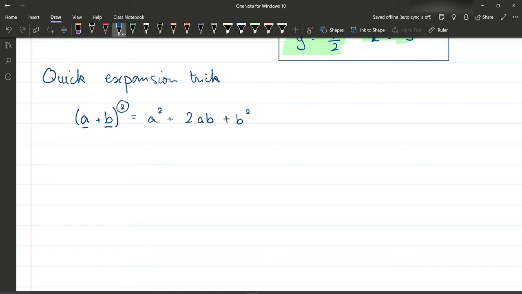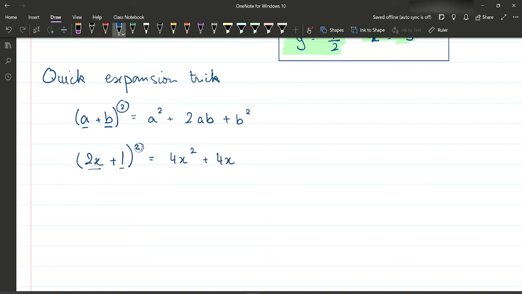So let me just use 2x plus 1 squared. To do this, I know that 2x will be squared, which will give me 4x squared. And I know that the second thing is 1 times 2x times 2. So 1 times 2x is 2x, times 2 is plus 4x.